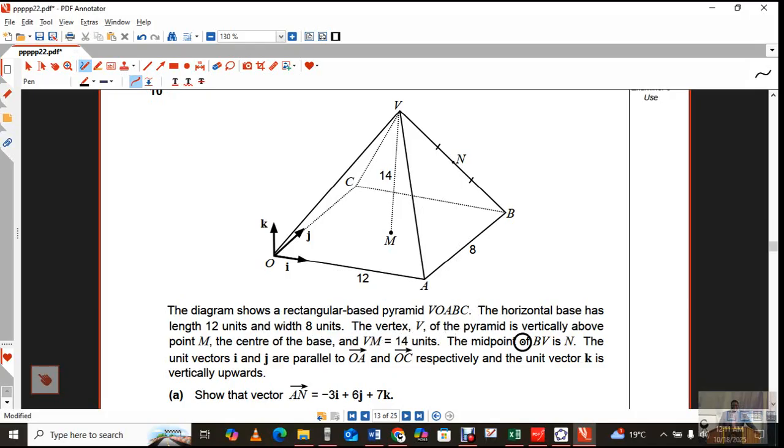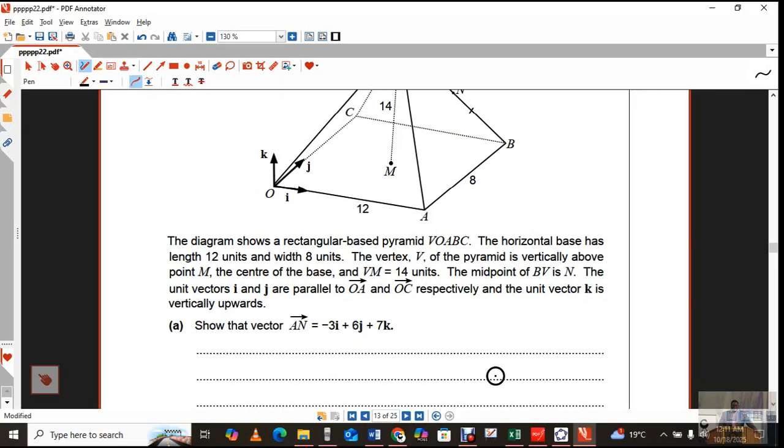The vertex V of the pyramid is vertically above point M, and VM is equal to 14 units. The midpoint of BV is N, and the unit vectors i and j are parallel to OA and OC respectively, and the unit vector k is vertically upwards.